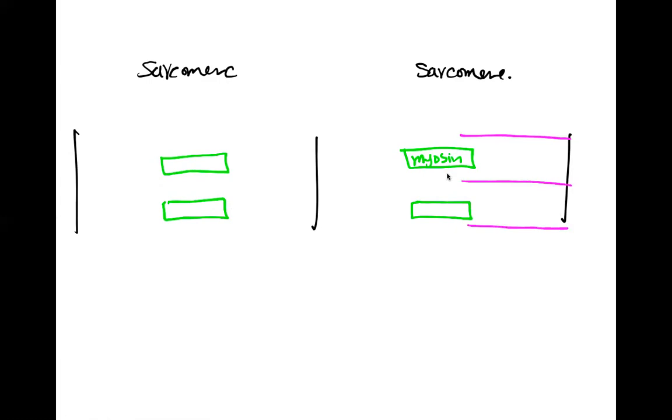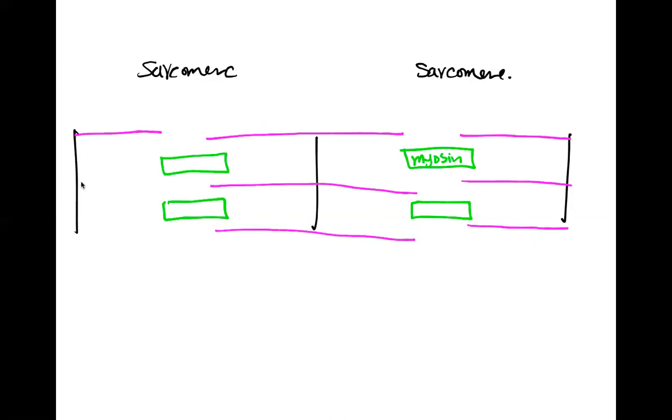So here is my basically depiction of actin for the two neighboring sarcomere. Okay? So again, the green section is myosin, and the thin lines are actin. And the black line that are separating this is basically marking my two sarcomeres.